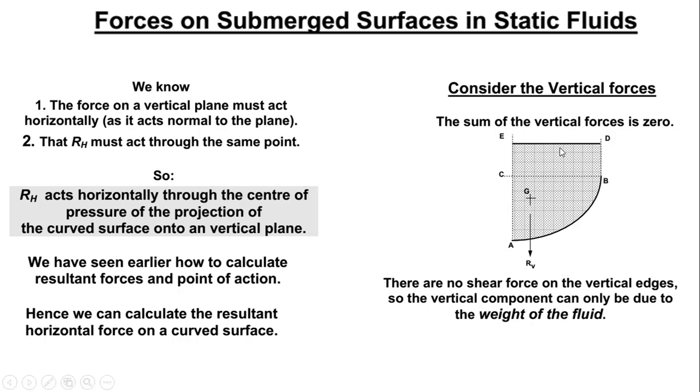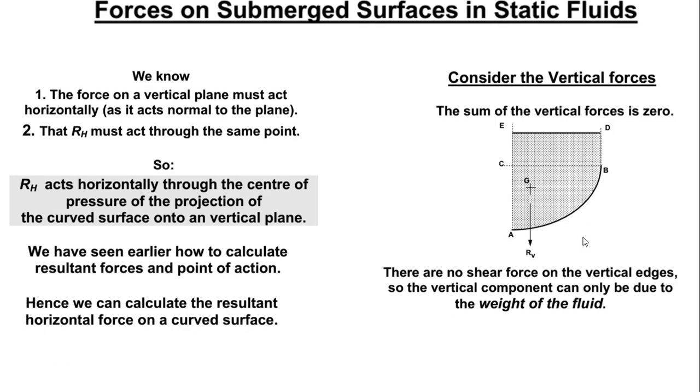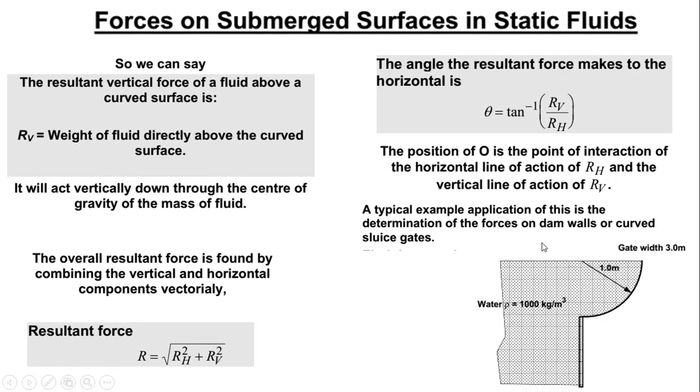After getting RH, the next thing that we need to calculate is the vertical force, to find RV. Since there is no shear force on the vertical edges, the vertical component can only be due to the weight of the fluid. So this RV will be a result of the weight of this fluid inside here, which means RV will be equal to mg, mass times gravity.